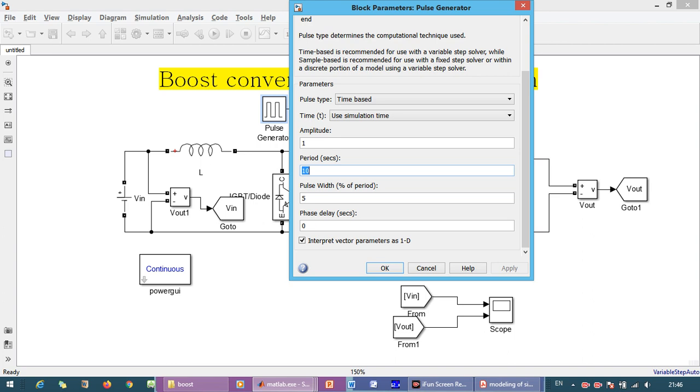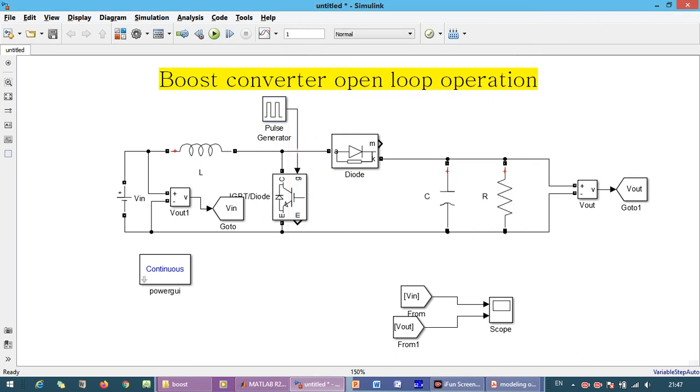The switching frequency is given as 1 kilohertz, so 1 by f gives the period, so 1 by 1000, and the pulse width is 0.6, so it requires the percentage of the period, so it is 60 percent of the period, and the phase delay we just give as 0. Okay, so this will create a PWM pulse of 60% duty ratio at 1 kilohertz switching frequency.